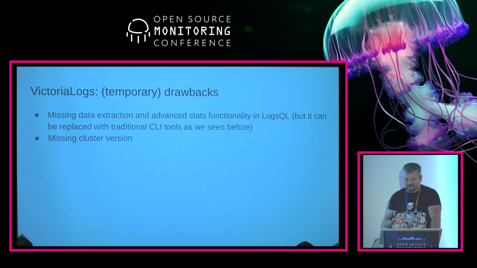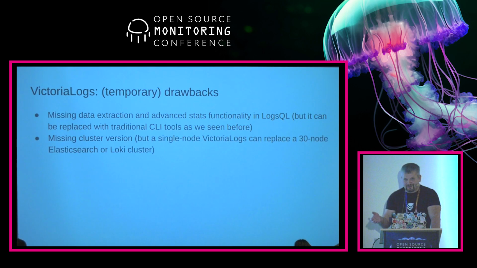The second drawback is that right now VictoriaLogs is only a single node version and doesn't have a cluster version. We are going to implement a cluster version in the future. But right now you can still use the single node version of VictoriaLogs and replace large clusters of Elasticsearch or Loki with a single node VictoriaLogs.